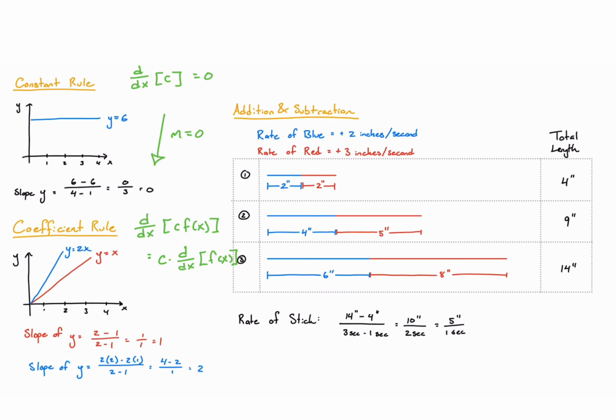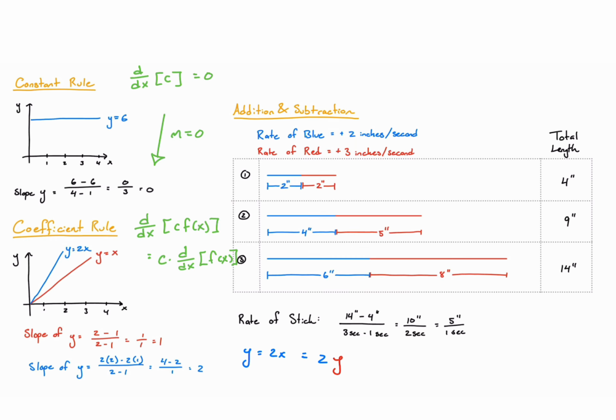And here we have two different functions, right? We have y is equal to 2x and y is equal to x. So if we look at the derivative of y equals x, the red line, our slope is 1. And so our second line in blue, y equals 2x, is just 2 times the red y, because the red y is equal to x.